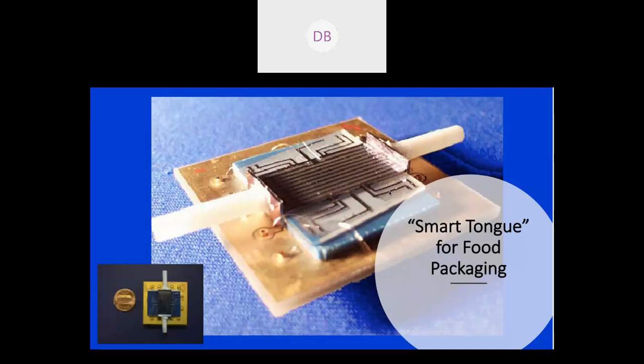We cannot make one person sit at the end and taste every product being produced. So obviously we need some sensing devices which can sense the quality of the product. So there is one sensor, a smart tongue, which is generated for food packaging. It can sense the quality of the food that is being generated.